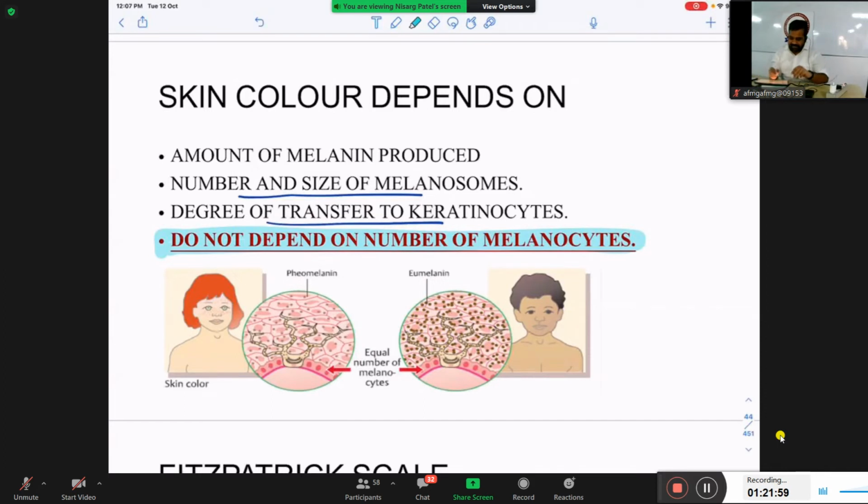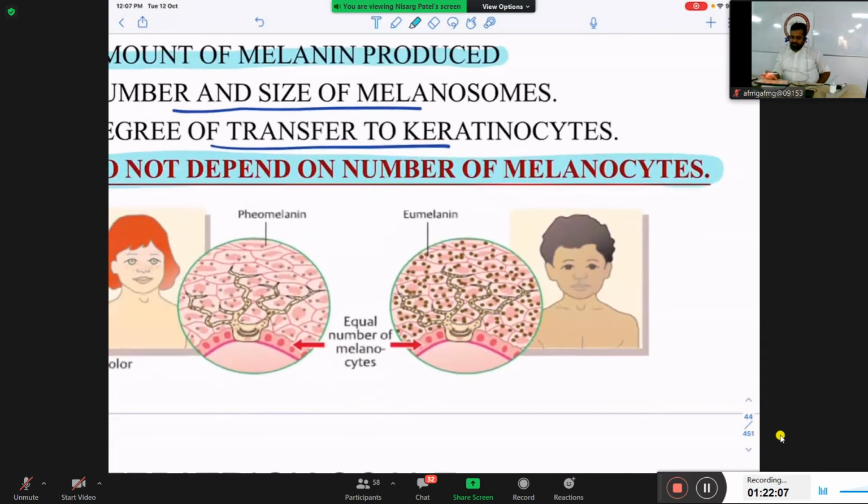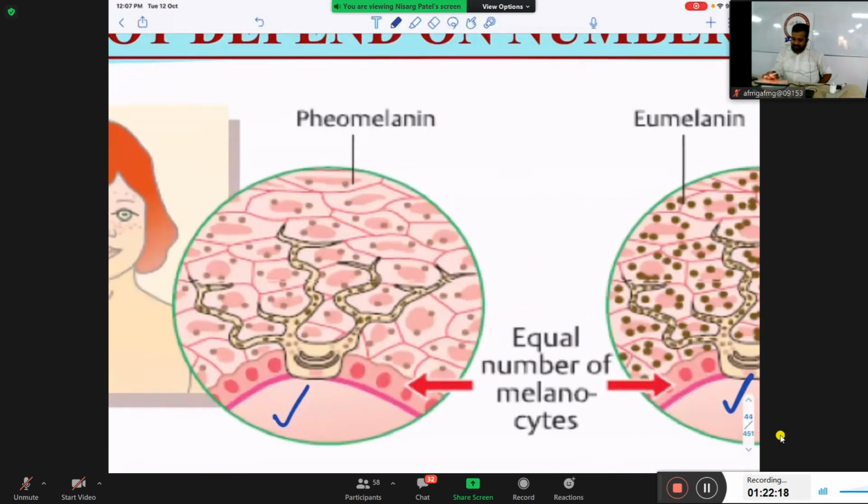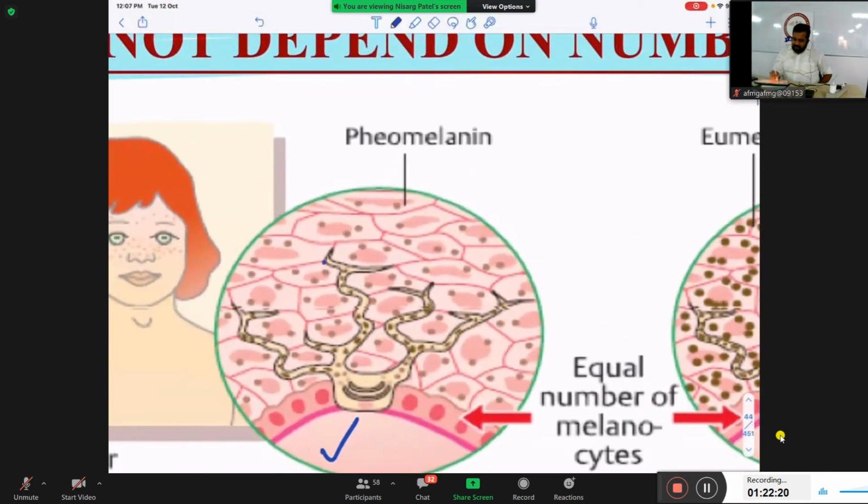What I'm saying is skin color depends on the amount of melanin produced, right? See this example. In this girl, I have one melanocyte. In this boy also one melanocyte. But what is the degree of transfer? If I zoom in, see this. All these keratinocytes are receiving 3 melanosomes of a small size which have very little melanin.